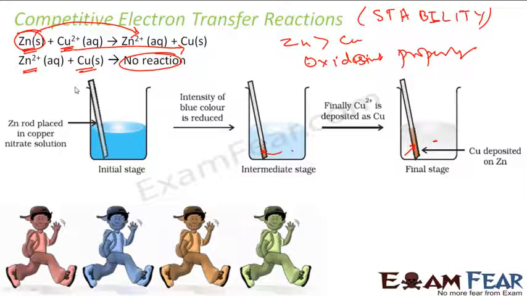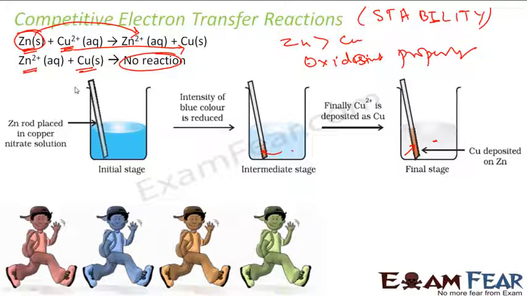Zinc is a stronger reducing agent than copper, and that is their property. That depends on the atomic structure, because zinc wants to lose electrons more than copper to become stable. And there is a competition between zinc and copper.